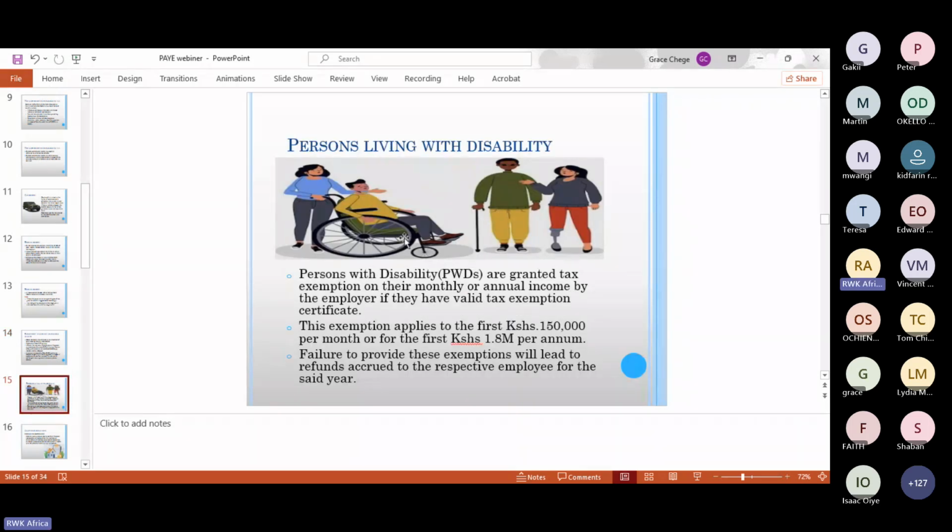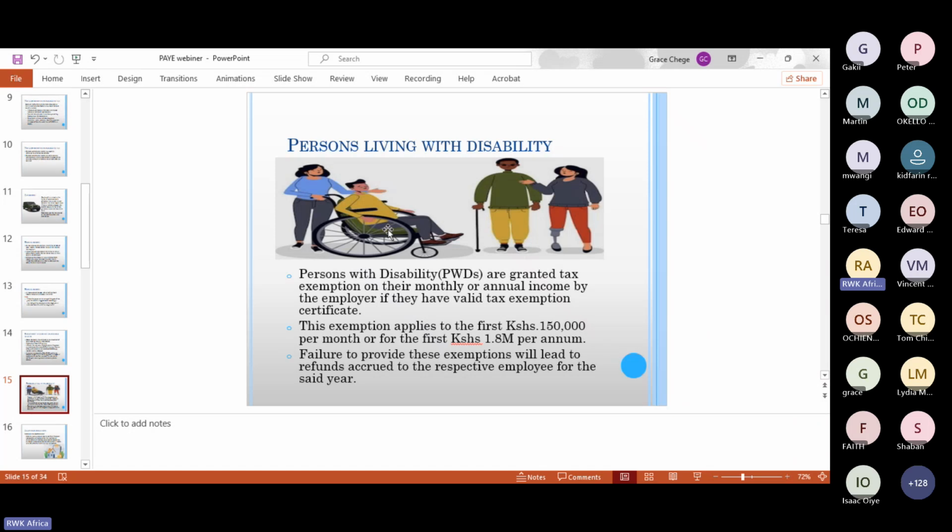The other bit is persons living with disability. So the government is aware of the challenges that people with disabilities face, and for that reason, they have been granted an exemption that applies to the first 150,000 Kenya shillings per month, or the first 1.8 million per annum. So note that as an employer, you're not supposed to grant this exemption until your employee provides you with an exemption certificate.